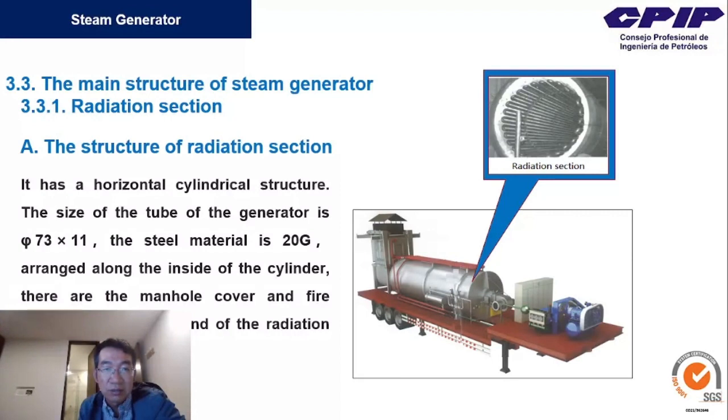The steel material is 20G, arranged along the inside of the cylinder. There are the manhole cover and fire windows at the back end of the radiation section.